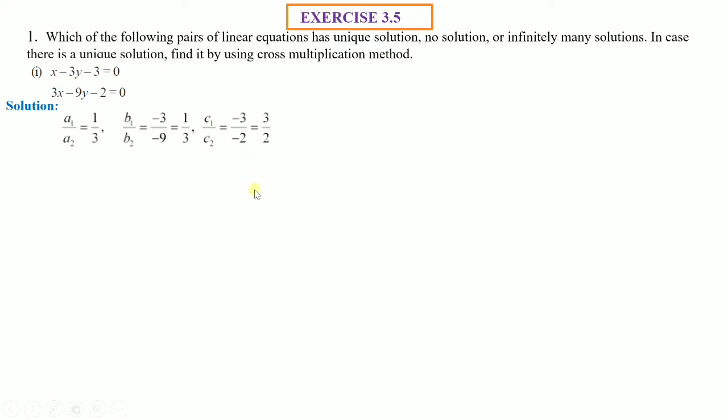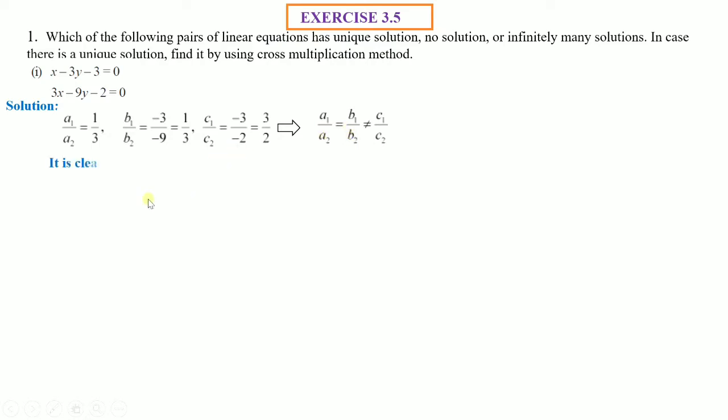In that case, minus and minus cancel, so we have 3 upon 2. So now we have all the three relations. Let us check now. a1 upon a2 is 1 upon 3 and b1 upon b2 is 1 upon 3. So a1 upon a2 is equal to b1 upon b2, but it is not equal to 3 upon 2, so c1 upon c2 is not equal to any of these two.